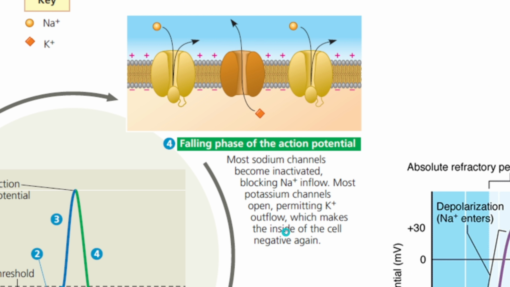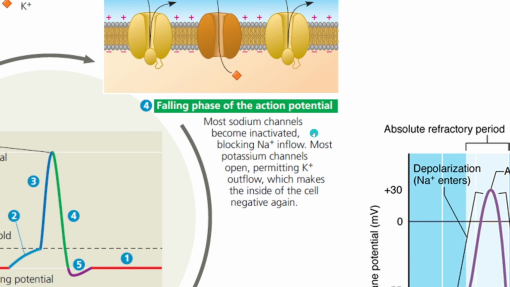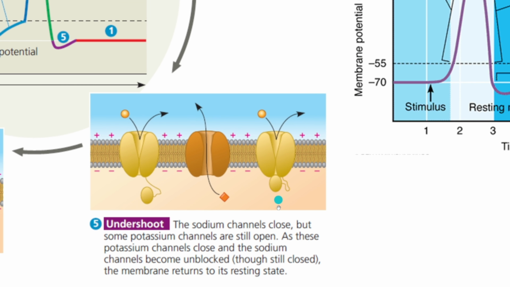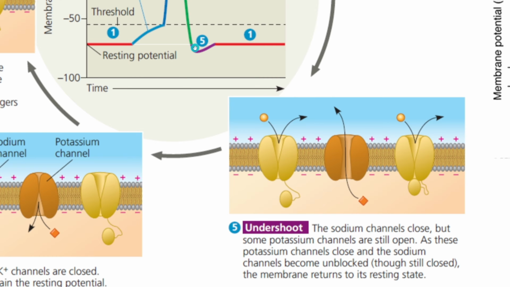This makes the inside of the cell negative again. And then after that, we go through the undershoot. You can see here, in the undershoot the membrane potential is even lower than the resting state.